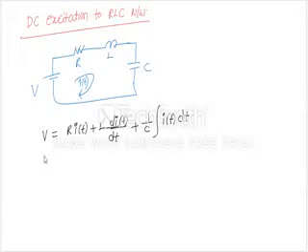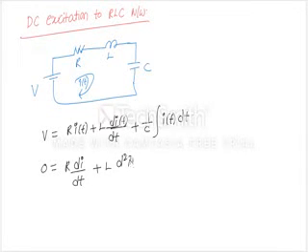V is a DC value, a constant. So differentiating on both sides, we get 0 is equal to R into di by dt plus L into d square i by dt square plus 1 by C into i.